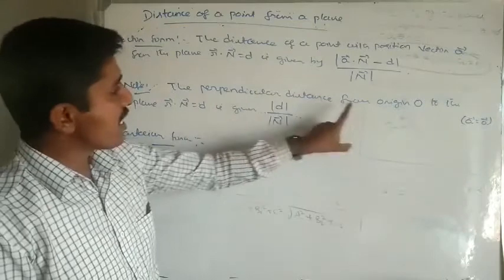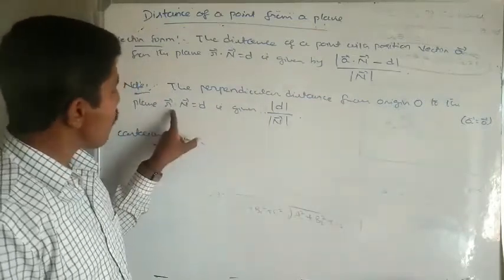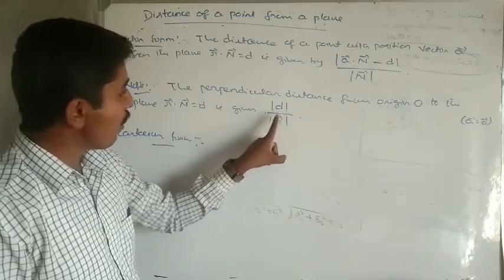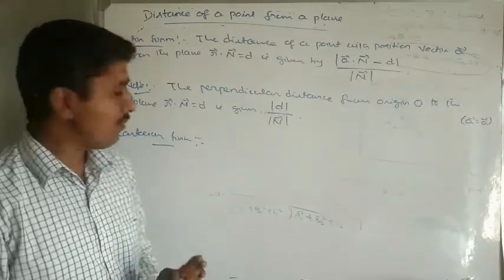The perpendicular distance from origin to the plane vector r dot vector n is equal to d is given by modulus of d divided by magnitude of vector n.